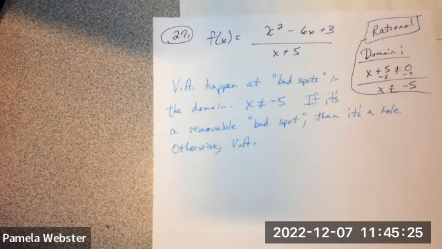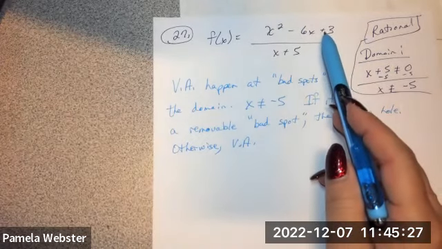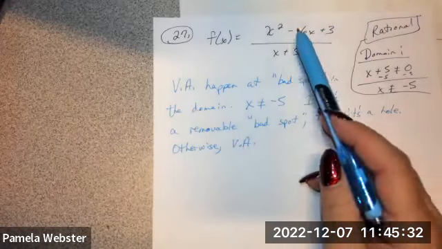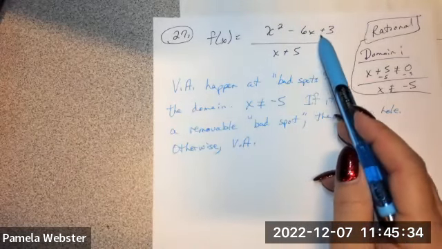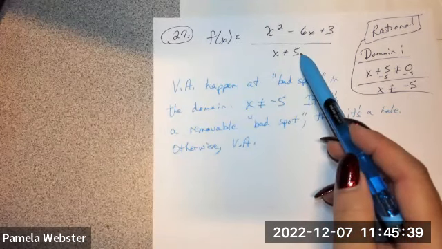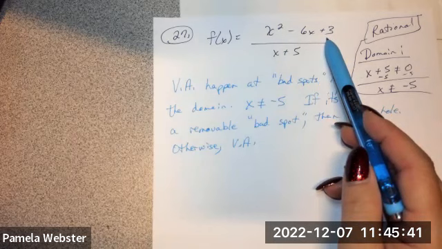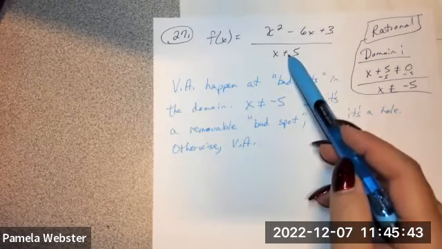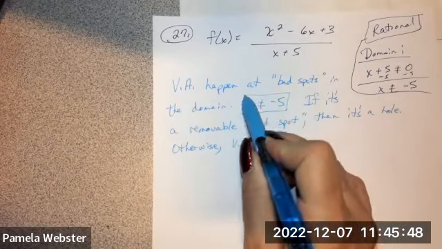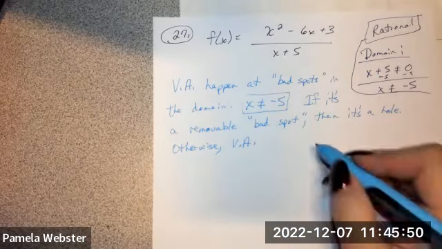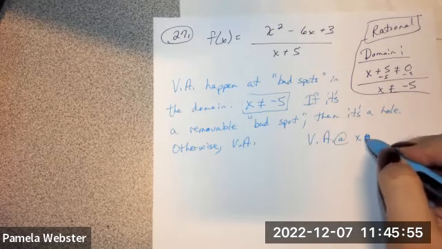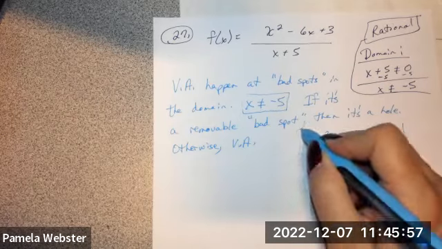The way you know is if there's something on the top that will cancel with it. And this is not. Even if I can factor this guy, which I don't think he does, one of the factors is not going to be a 5, because things that multiply to give me 3 are 1 and 3. So this is not going to reduce. So here we go, x equals -5. That's my vertical asymptote.